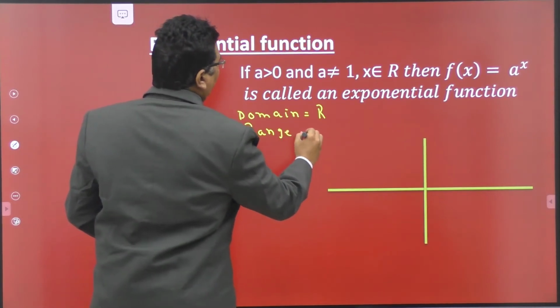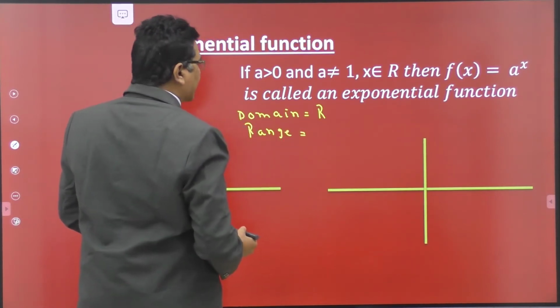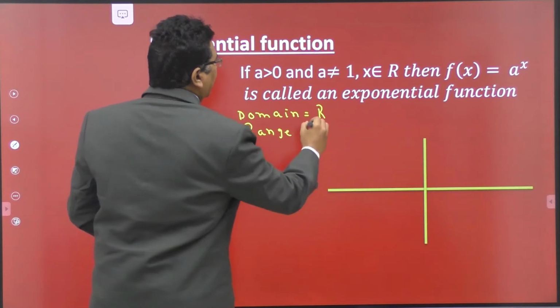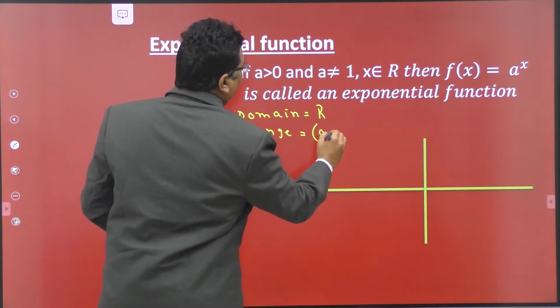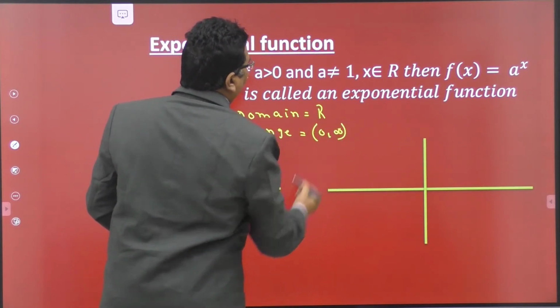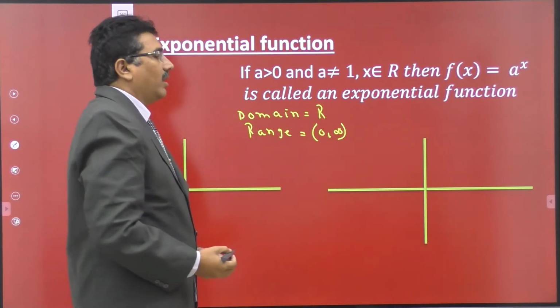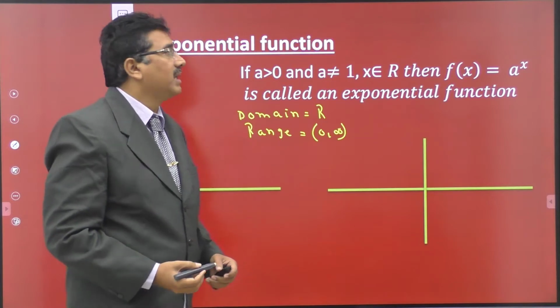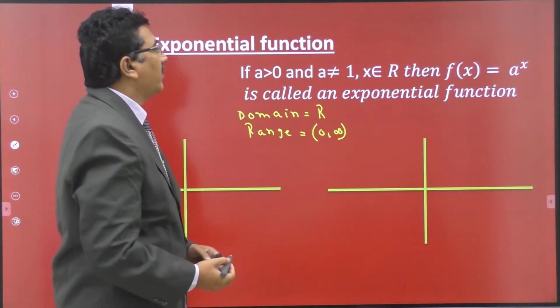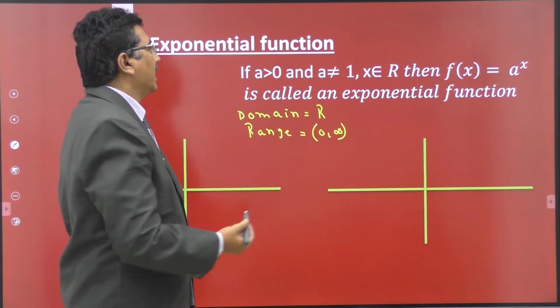That is equal to the set of all positive real numbers, also denoted by the open interval (0, infinity). Right. Now we draw the graph of the exponential function in two cases.